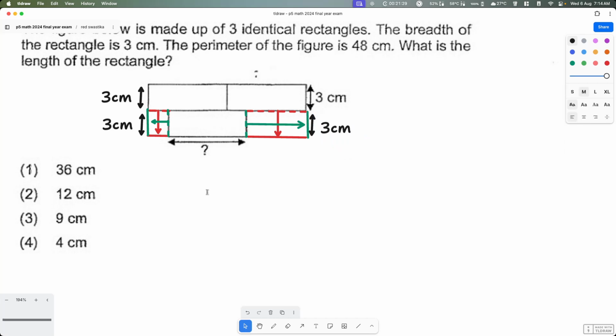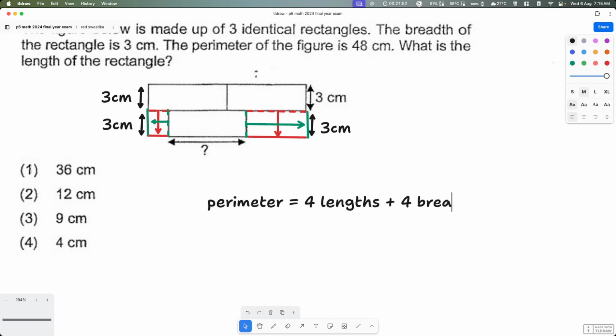So the perimeter is equal to 2 lengths. So actually the perimeter is equal to 4 lengths plus 2 breadth. No, 4 breadth.